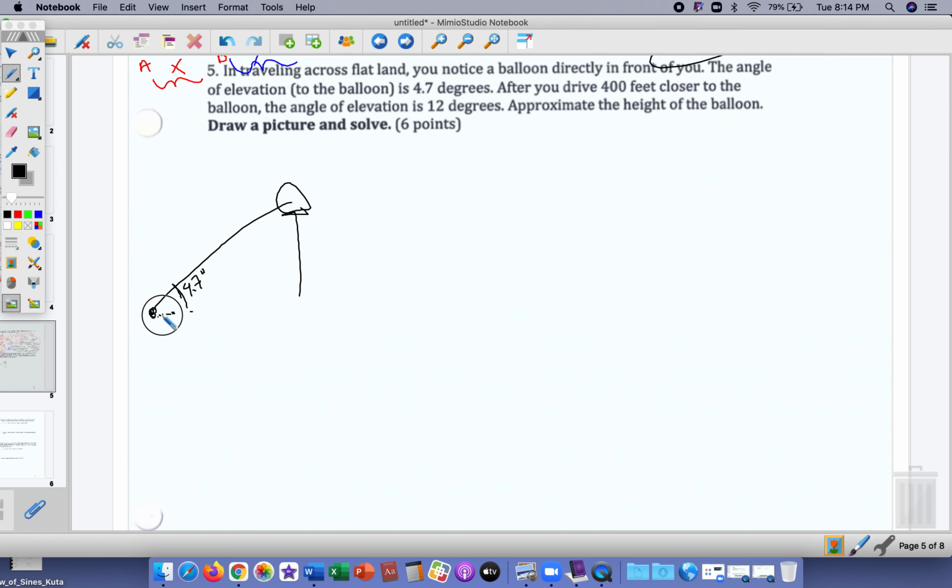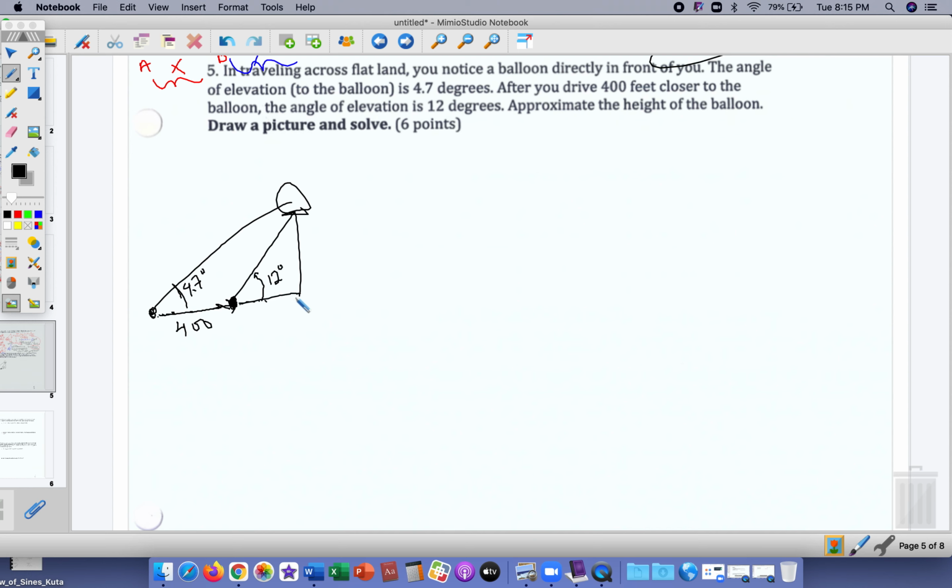Then it says I walk closer towards the balloon and I stop, and I've walked 400 feet closer. When I stop at that point, I then decide to look up again. So I look straight, my eyes swing up, and in that little spot, it's 12 degrees.